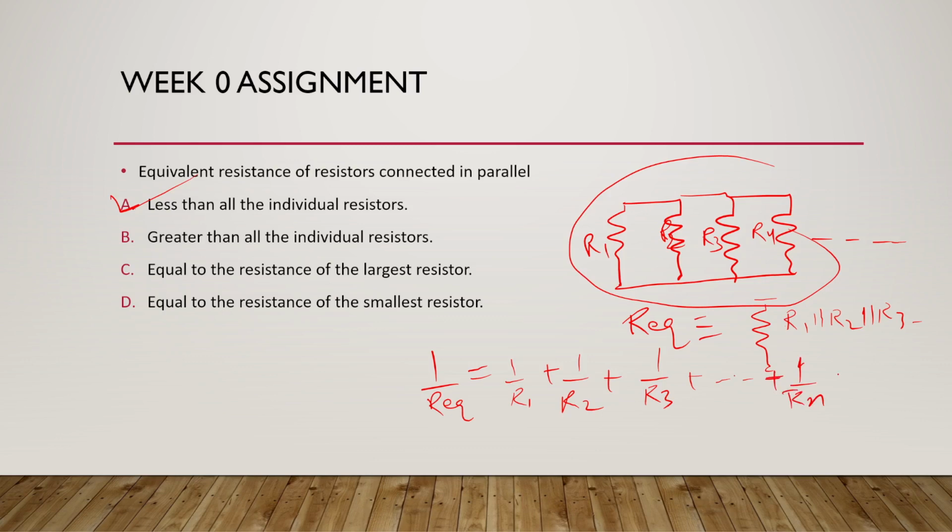If you solve for R equivalent given all the values of these resistances, you will see that the R equivalent that comes out is less than even the minimum value of resistance that is put in the parallel connection. So it will definitely be less than all the individual resistors. So option A is the correct one.